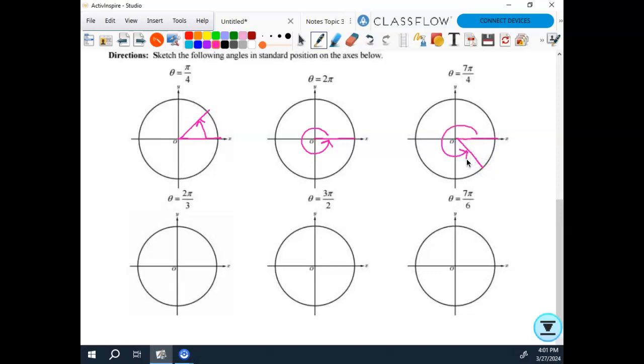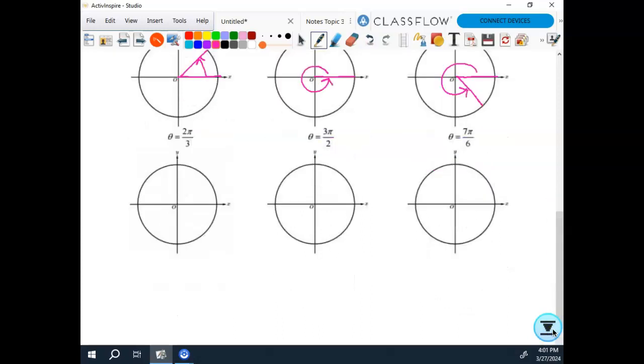There we go. 2 pi thirds. So 2 pi thirds is about right there. 3 pi halves. 7 pi sixths. And there are your angles.